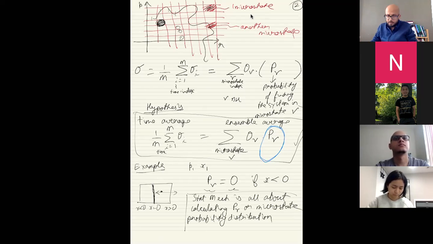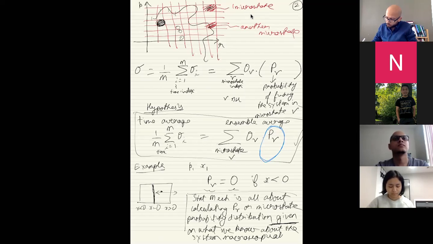And there comes a keyword, which is given, or conditional on. And that's why I said Bayes' theorem is a nice theorem if you're going to like StatMech. Given what we know about the system macroscopically.